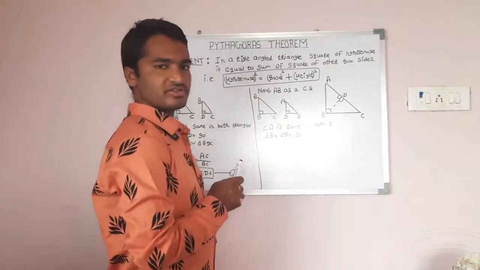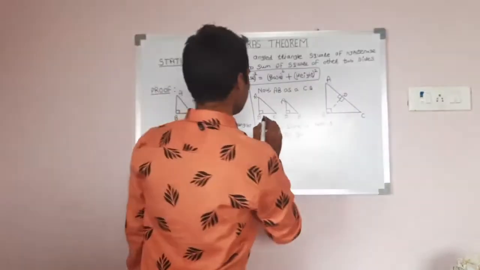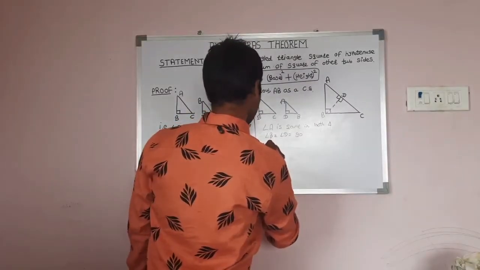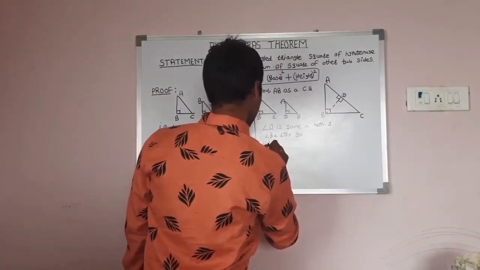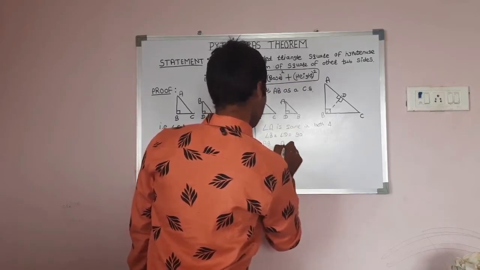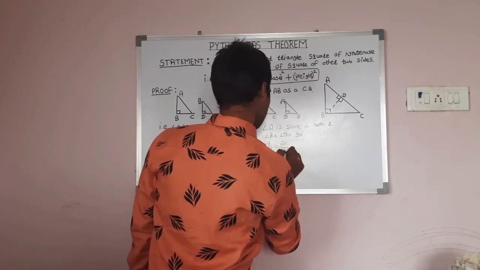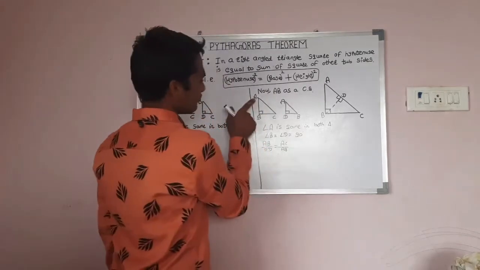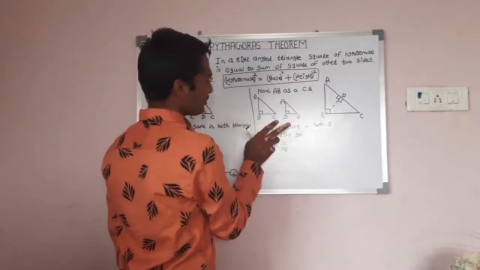Here also we will take the ratio of the corresponding sides. That is, AB upon AD is equals to AC upon AB. We have taken ratio of both the heights and the hypotenuse.